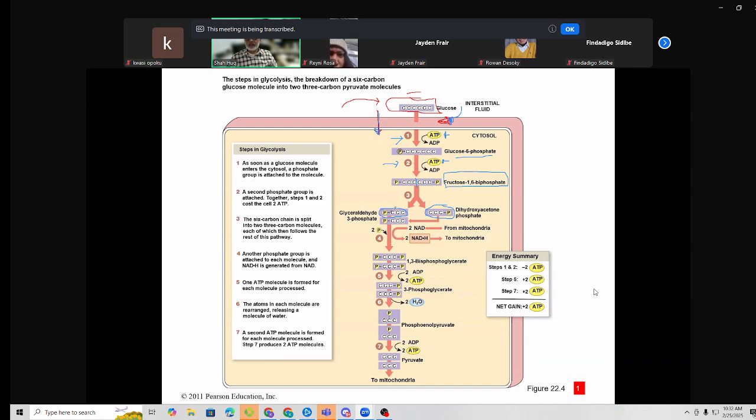Now what happens, this dihydroxyacetone phosphate is converted into glyceraldehyde 3-phosphate. It is very unstable, so it is converted, and now we have 2 molecules of glyceraldehyde 3-phosphate. We'll write it like this, G3P.